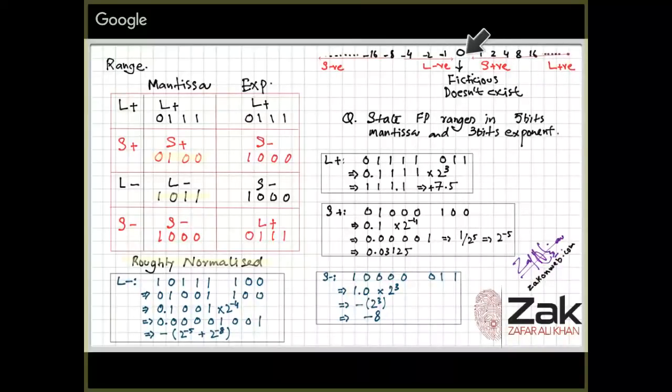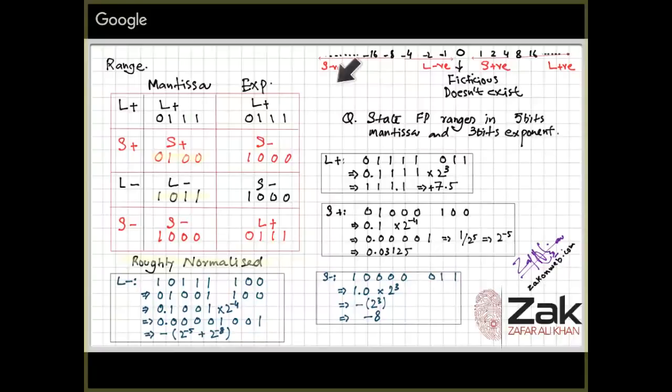This 0 is fictitious since it is not saved. Largest negative number means smallest magnitude negative number. You might not have the term largest negative in the exam, rather you might have the term smallest magnitude negative number, which would actually be the largest negative number.